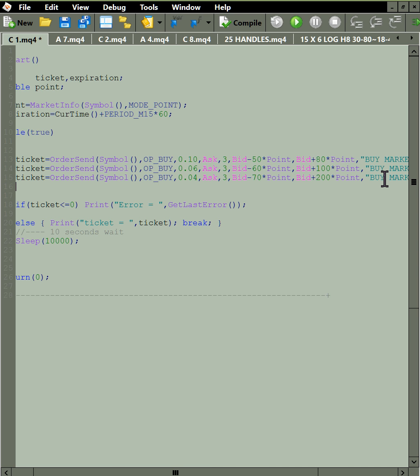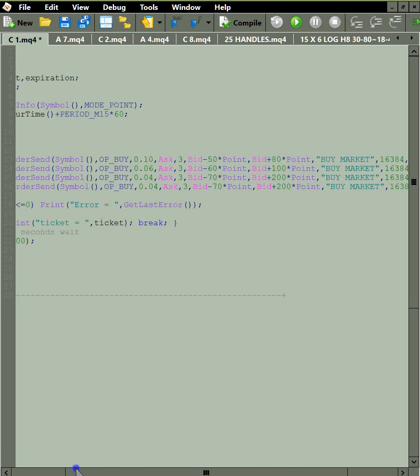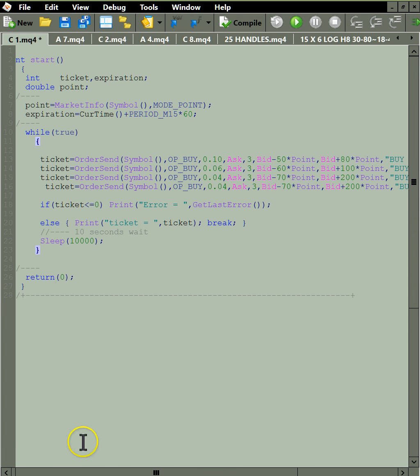So if you copy this, now we have 4 tickets, and this is the reason why I'm doing this: flexibility. What I can't imagine is that anybody is so good at trading that they buy and the market never moves against them. They're so good.